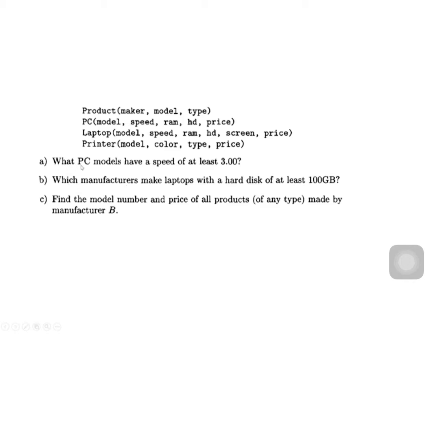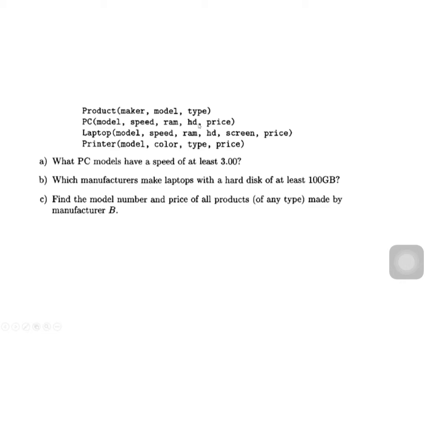Firstly, what PC models have a speed of at least 3? The speed of PC can be found in the relation PC, and the PC model is also in this relation.